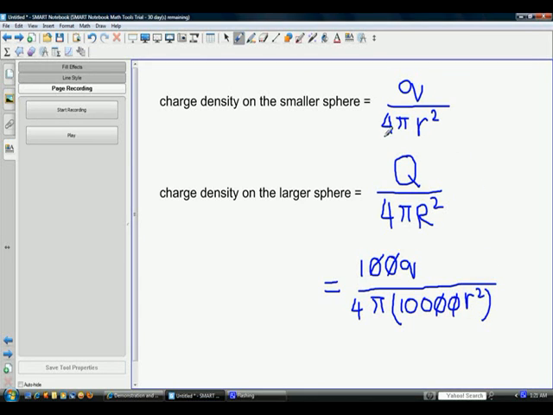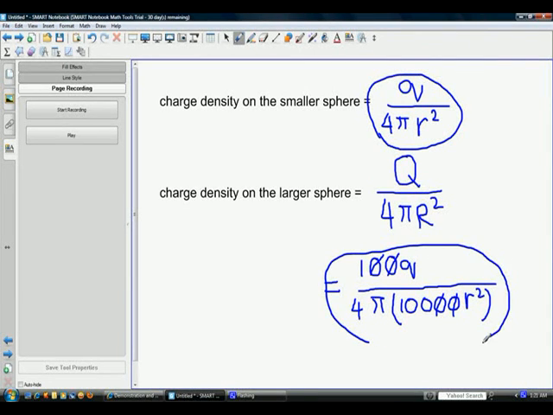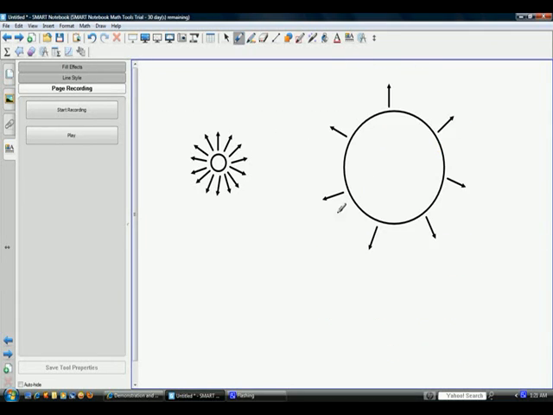Now compare this to the charge density of the smaller sphere. What do we see? Charge density on the larger sphere is 1/100th of the charge density of the smaller sphere, which means the electric field lines around the larger sphere are much farther apart as compared to the field lines around the smaller sphere.